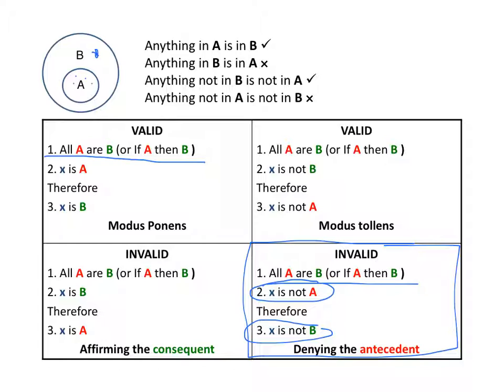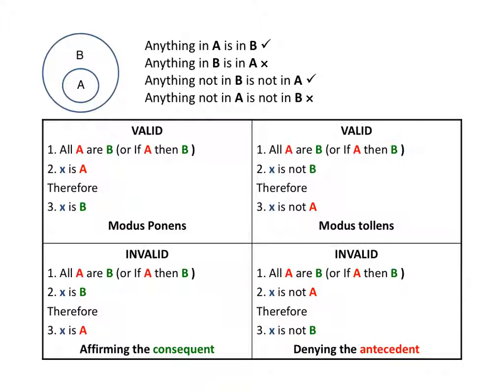Of course, there could be things that are not A that are also not B, they'd be out here, but just because something is not A doesn't necessarily mean it's not B. So that's why denying the antecedent is invalid. So of these four patterns of argument, you can tell which ones are valid and which ones are invalid just by remembering this simple diagram.